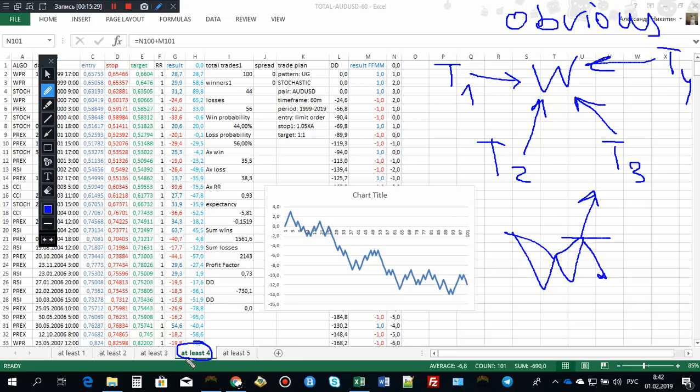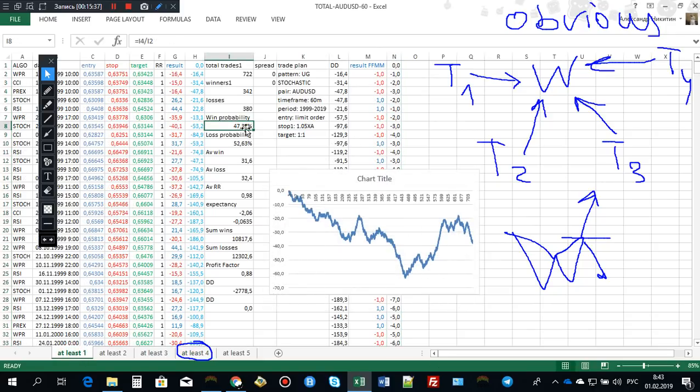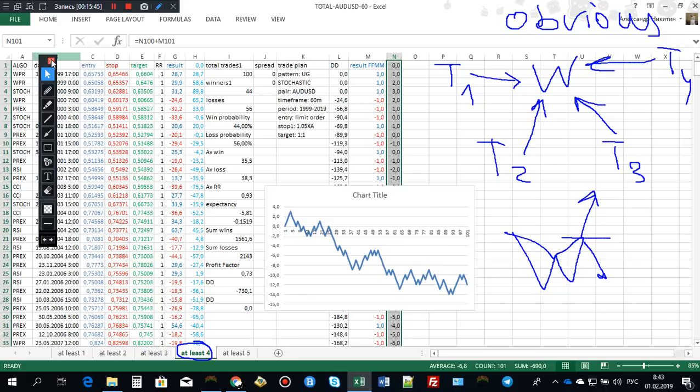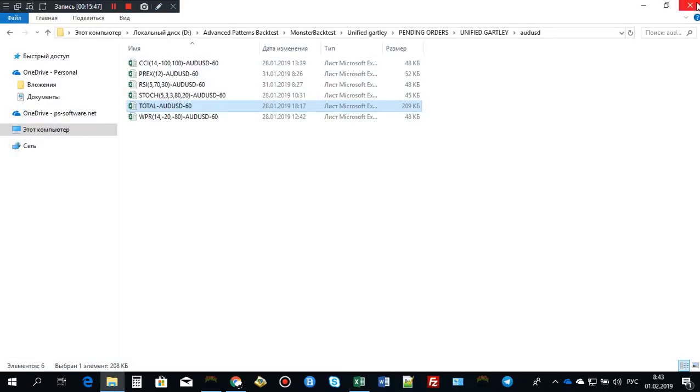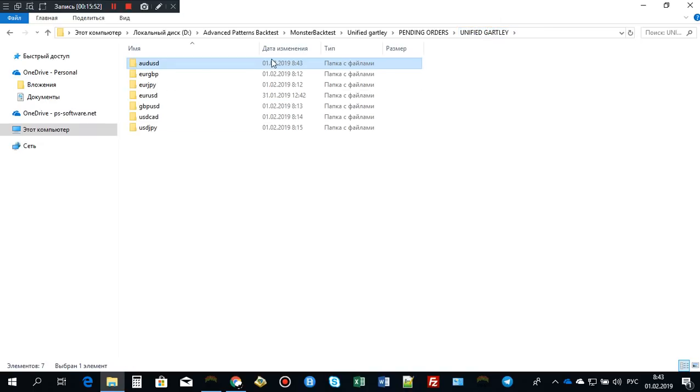So you see, when it is seen by at least 4, we have 44. And when it is seen by at least 1 algorithm, we have 47. So there is a tendency there. Okay, let us analyze some other pair, maybe just do some random stuff.